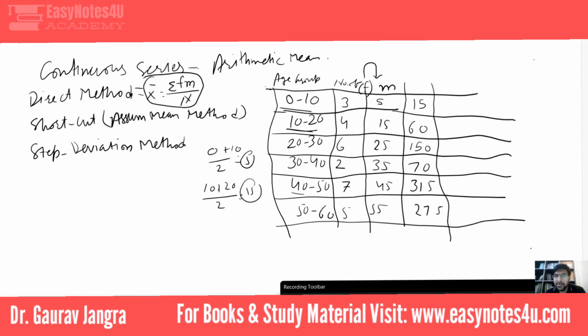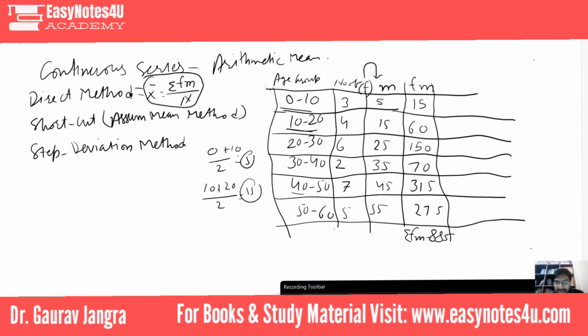Now make the total of that, summation fm. You can calculate it, it will be 885.